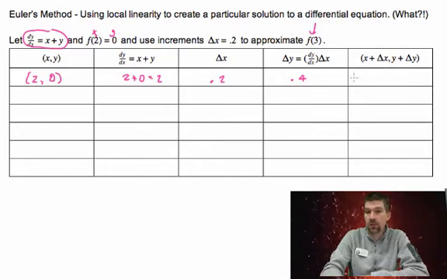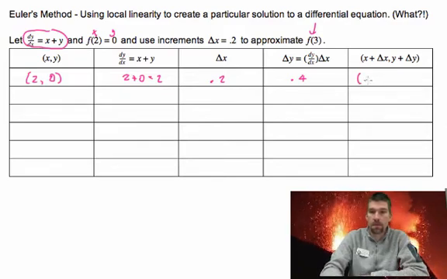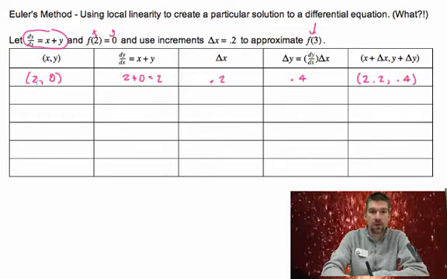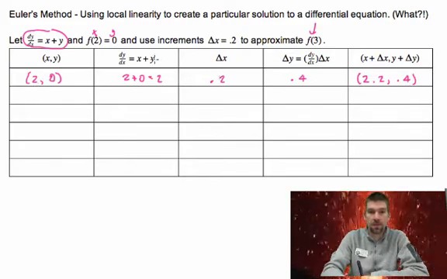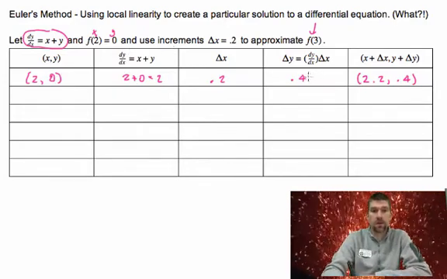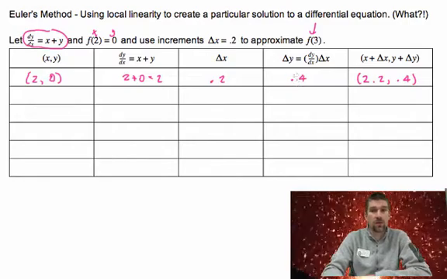Delta x was 0.2, so that gives me a new coordinate of 2.2 for x and 0.4 for y. All I did was take my x coordinate of 2 plus 0.2 and my y coordinate of 0 plus 0.4. We're going to fill the chart in this way, and we're going to get a really good approximation of what's going on when x is 3.